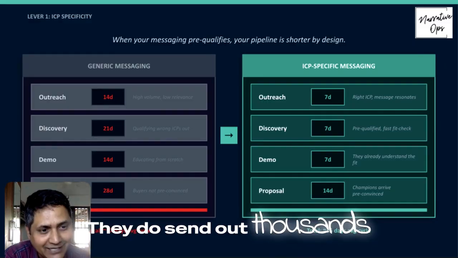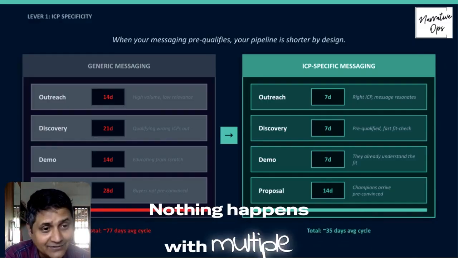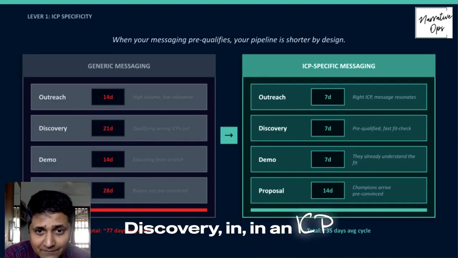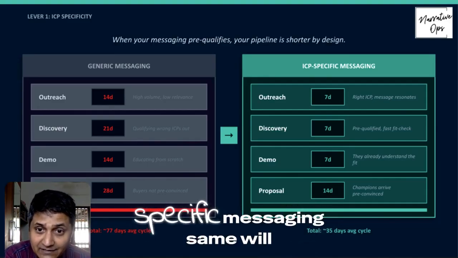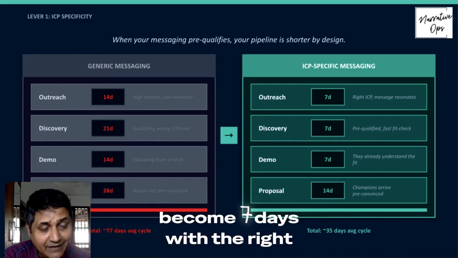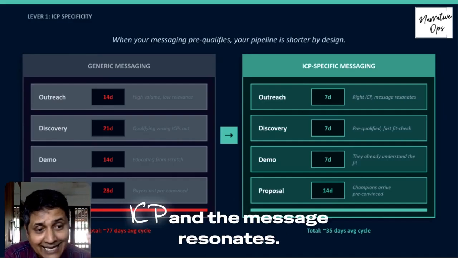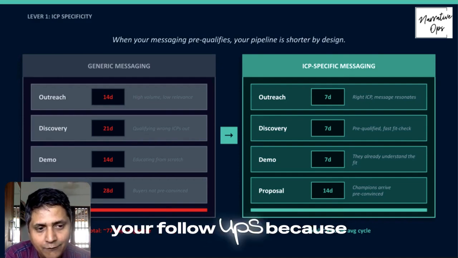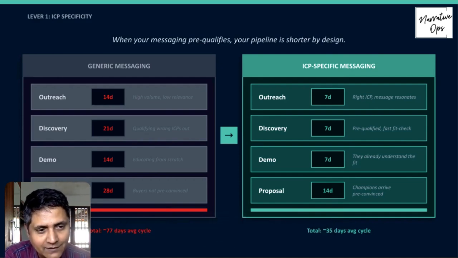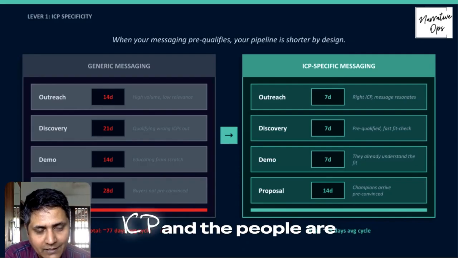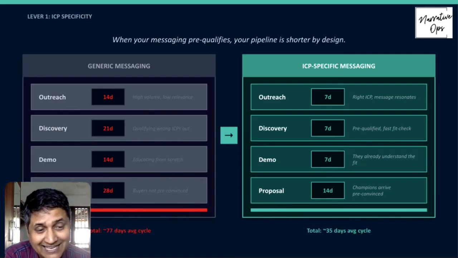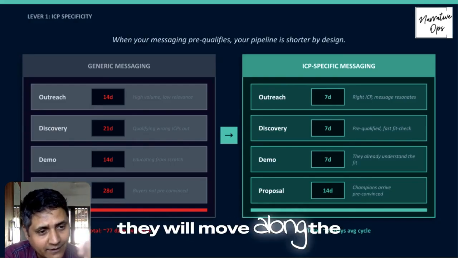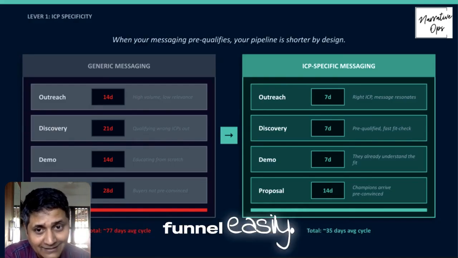They send out thousands of emails every day, and with multiple cadences and all that, nothing happens. In ICP-specific messaging, the same will become 7 days, with the right ICP and a message that resonates. You might not even need your follow-ups because you have done your work on ICP, and the people are happy to see the message and will revert and move along the funnel easily.